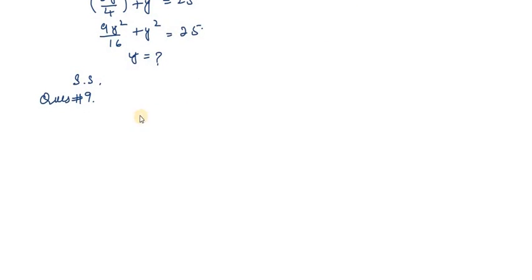So here one equation is already quadratic with two variables. Y square plus z square is equal to 16, and the other equation is 2y square minus 3yz plus z square is equal to 0. So first we solve this equation.